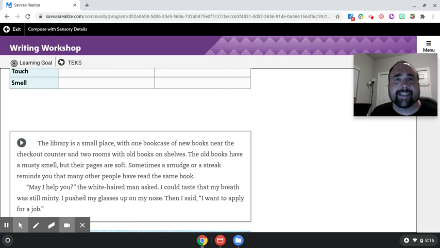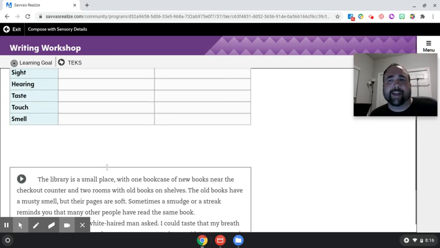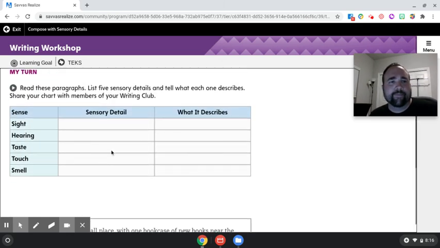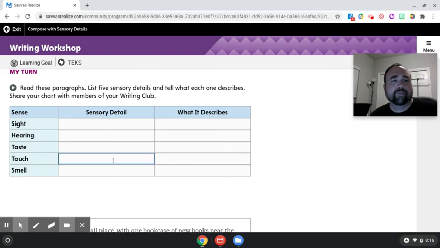So, what sense is that? What sense did we use to tell that the pages are soft? Touch. So I would just put pages are soft. That's a sensory detail. Or you can just say soft. Oh, it does not want to work with Mr. Herring. Here we go.